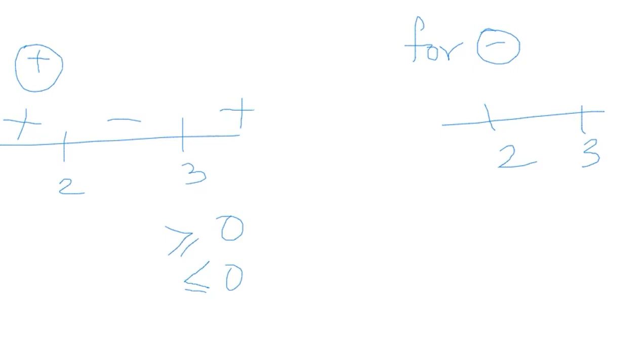Here, on the number line, we started from the extreme right and marked alternating symbols: plus, minus, plus.